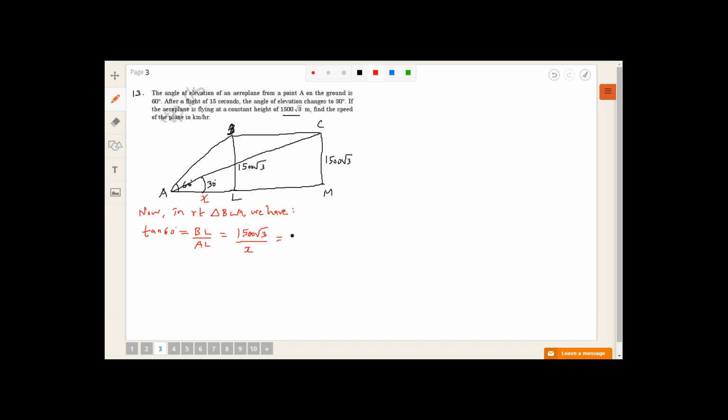Or tan 60 is equal to root 3. So x will be equal to 1500 root 3 by root 3, which is equal to 1500 meters.